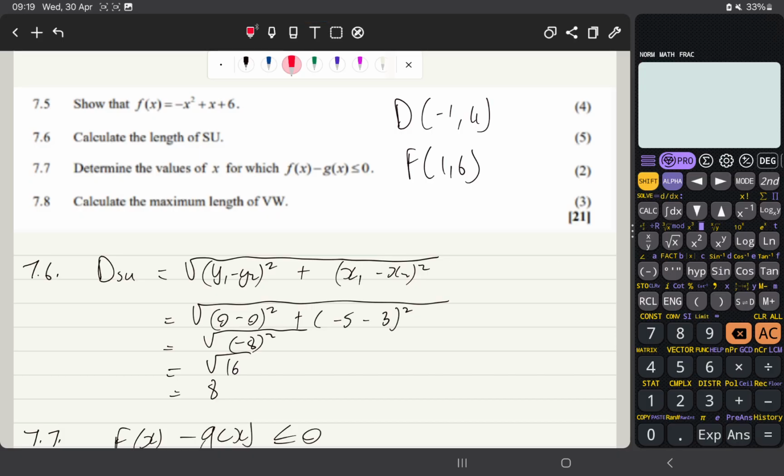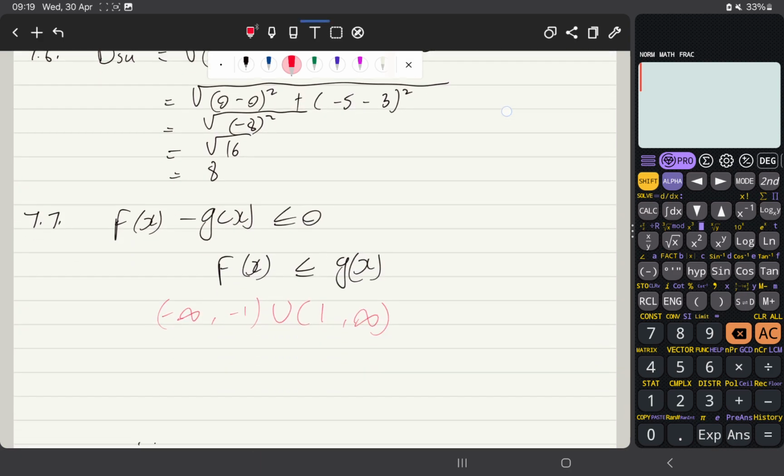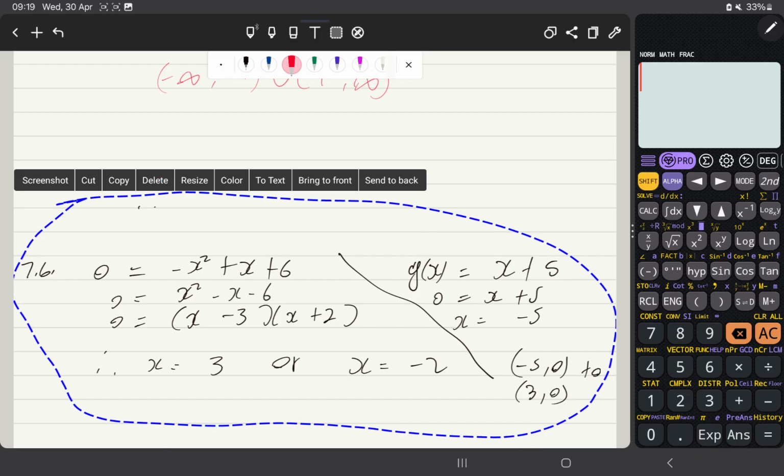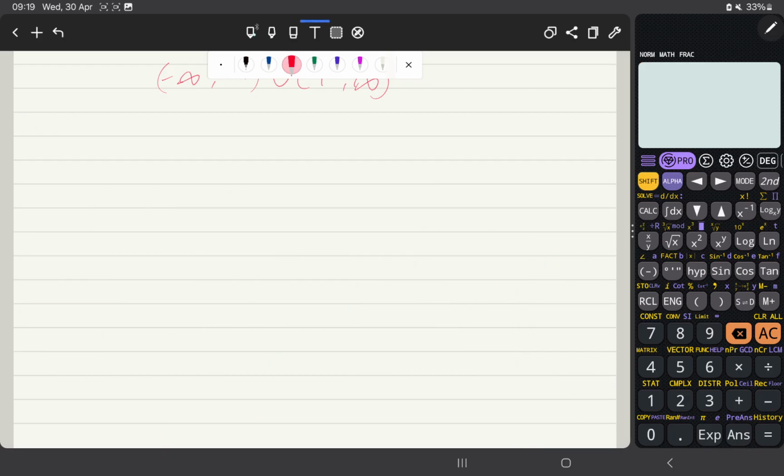Then they say calculate the maximum length of VW. I believe that's 7.8.